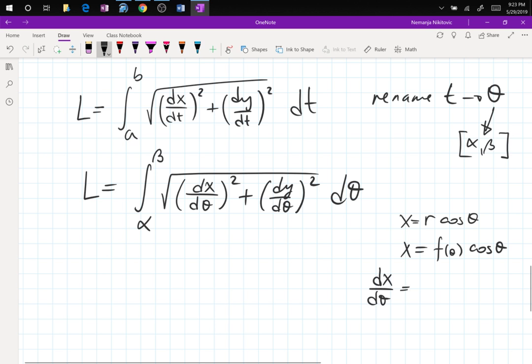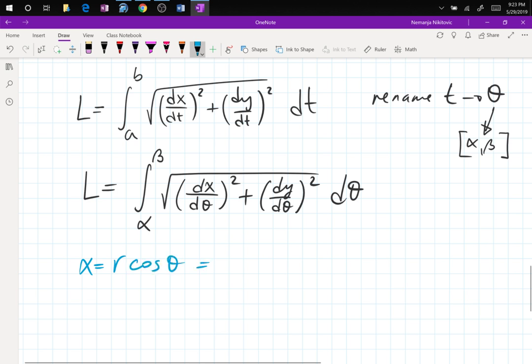So I don't have room over here, so let's just do the blue calculation. So x equals r cosine theta, which is actually f of theta cosine theta. So that's my x value.